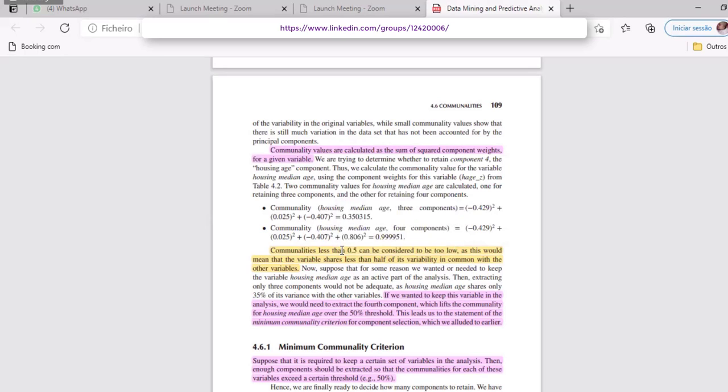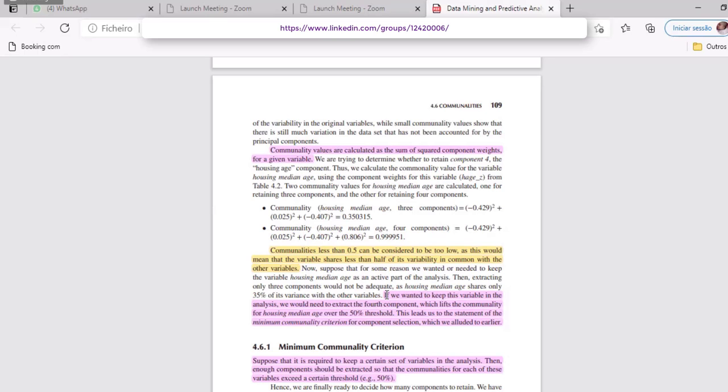So communalities that are less than 0.5, which you can see is the case of housing median age, can be considered to be low, and this means that the variable shares less than half of its variability in common with the other variables.